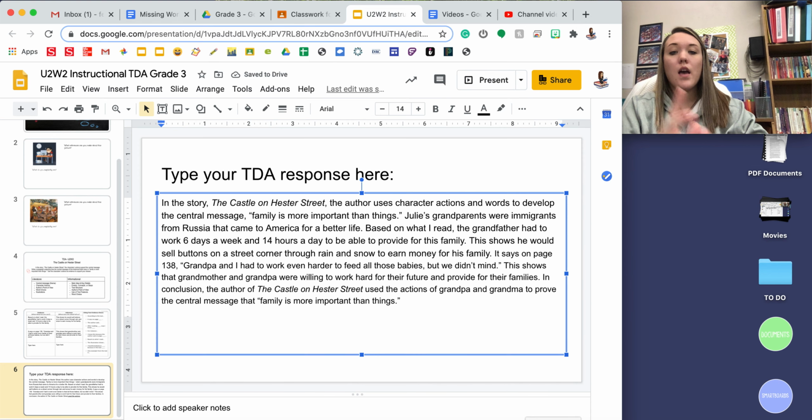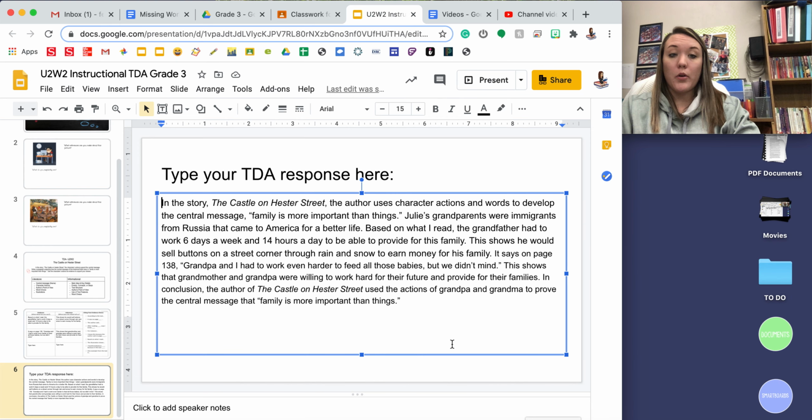So again, I have the title of the story, I have my elements, remember there's always 2, and I have what the central message is. Before you submit this assignment, you need to go back and look through your paragraph, reread it with me if you chose to do the exact same sentences as me, and make sure it all makes sense and is cohesive all around.